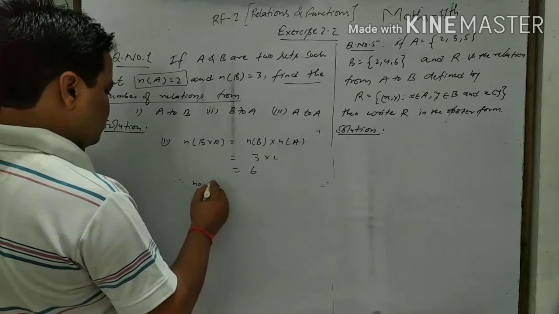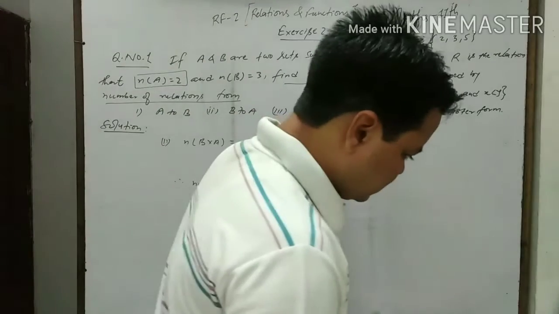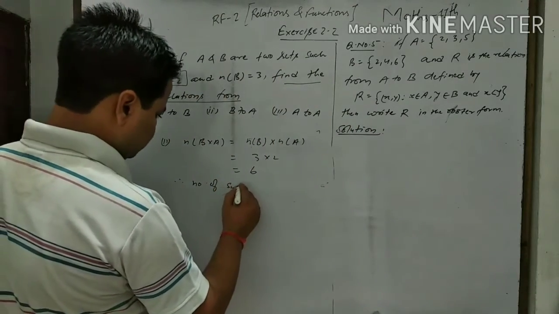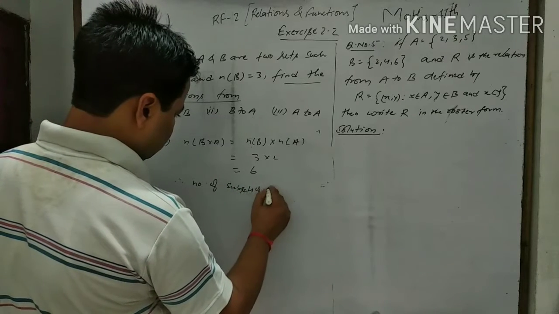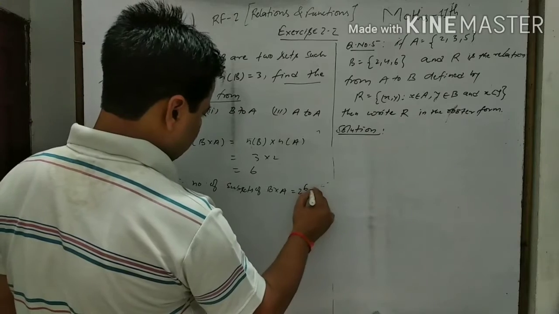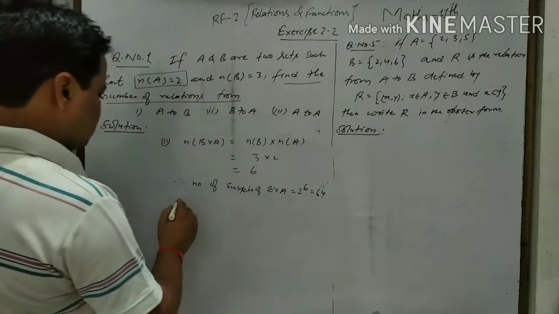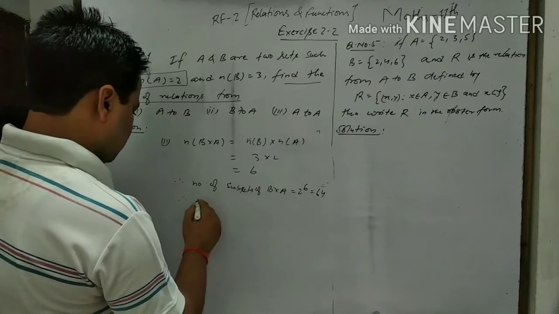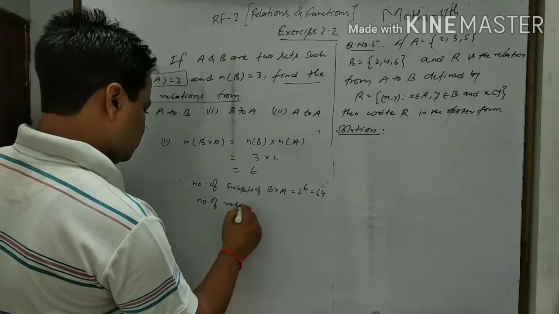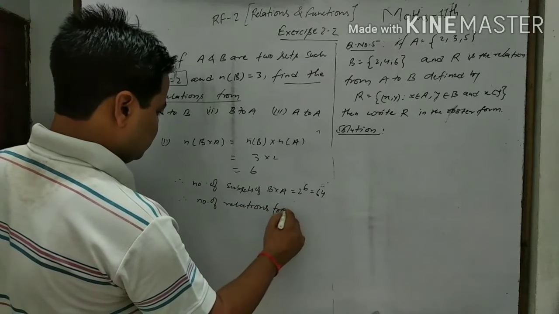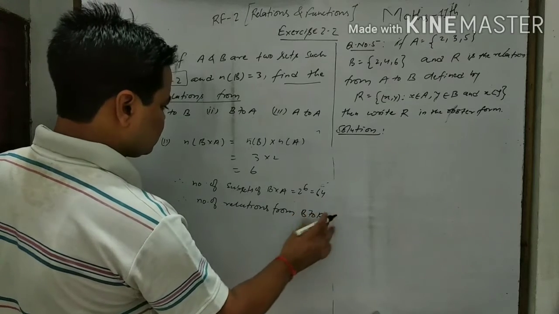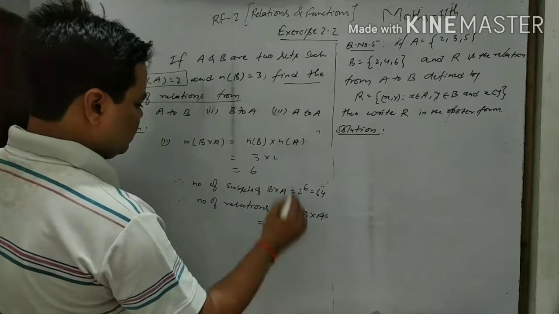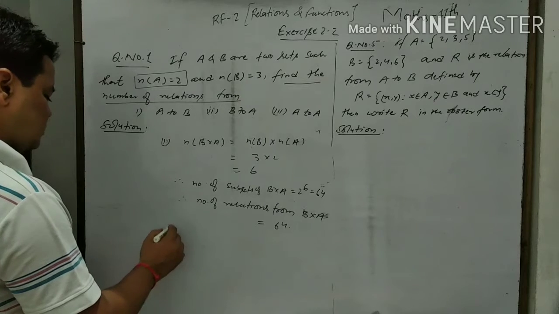Therefore the number of subsets of B cross A is 2 to the power 6, which is 64. Therefore the number of relations from B to A is equal to 64.